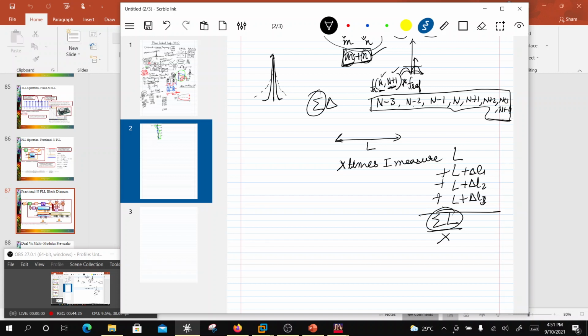And when we do an integration, these noises are going to cancel out each other. And then when we did a differentiation, that is dividing by x, we get back to the same value, which is our original value of L. And in this process, we have got rid of this noise. Now, this is a first order integration and differentiation. So I have got rid of first order noise.